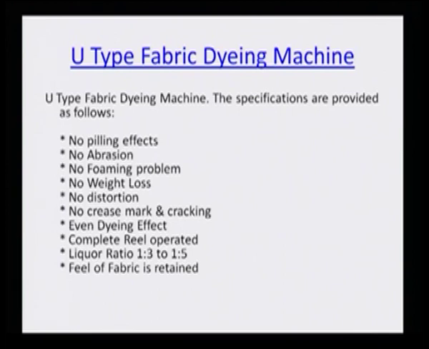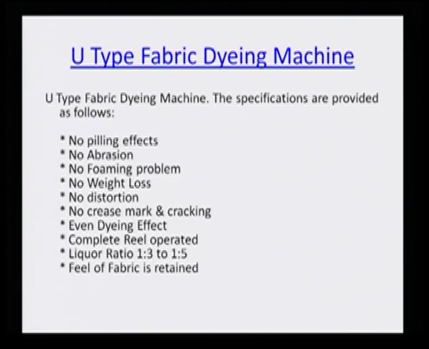It is completely reel operated, and the liquor ratio required is just 1:3 or 1:5, whereas in natural dyeing we had to take a liquor ratio of 1:20. So, these are very effective, with very high concentrations of dyes used, but at the same time there is very even dyeing, and the feel of the fabric is also retained.